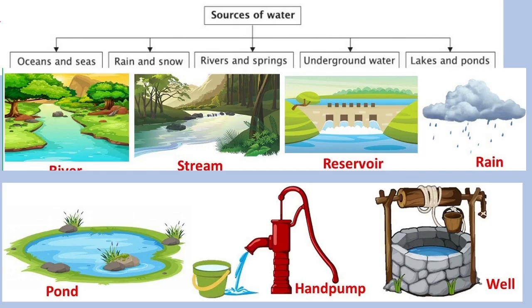Water comes from these many sources. So we have ocean and sea, which is a salty water source.